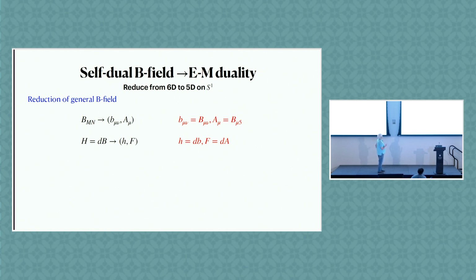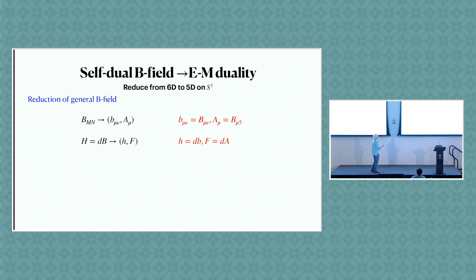If we think about a normal two-form in 6 dimensions reduced to 5 dimensions, it gives rise to a 2-form and a 1-form, where the 1-form is given by the components where one of the indices is in the internal direction, and the corresponding field strength splits into the field strength for B and for A.